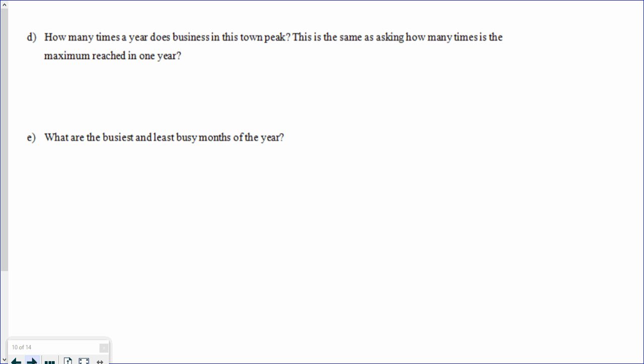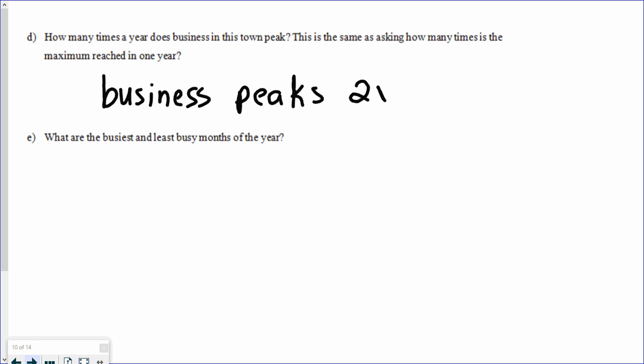You can reset your window to go between x equals 0 and 12 and see how many times it's actually hitting the top. What you would see is business actually peaks twice a year. So it peaks 2 times per year.